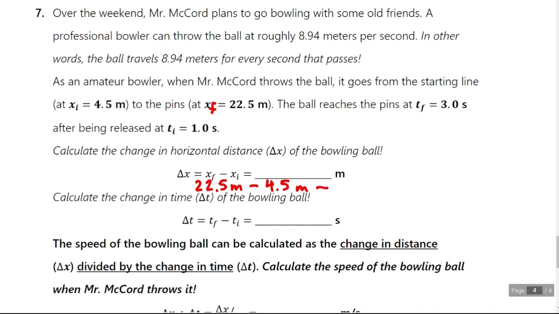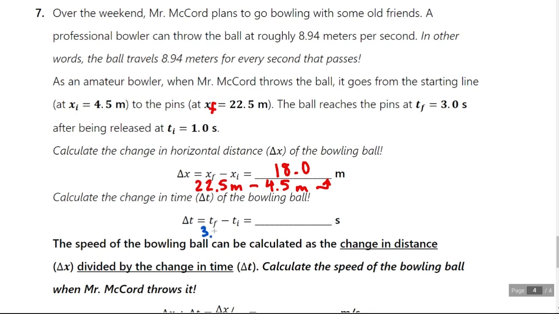So if I take 22.5 meters minus 4.5 meters, that gives me 18.0 meters. Now, if I throw the ball starting at 1 second and it hits the pins at 3 seconds, well, that 3 seconds is my final time.